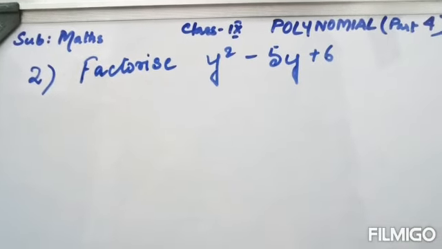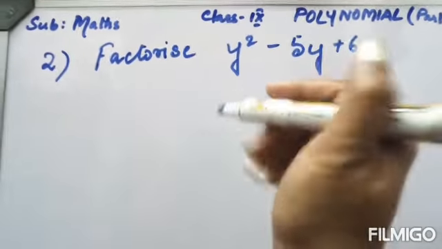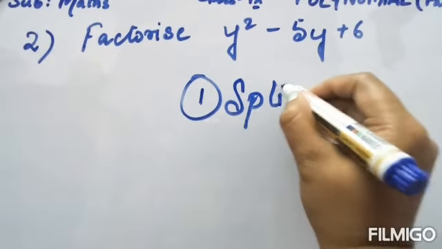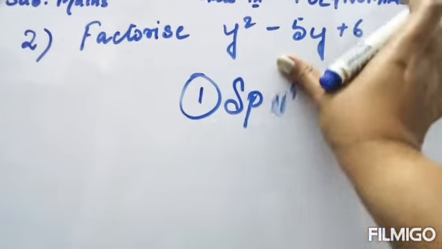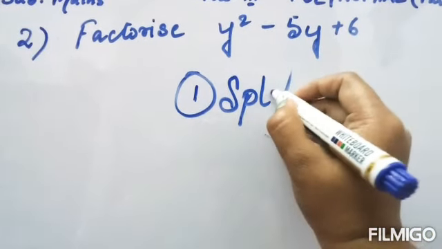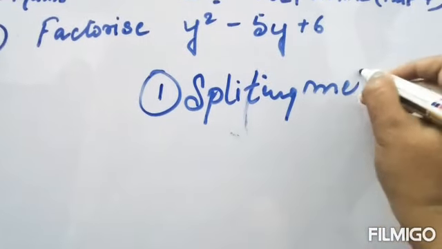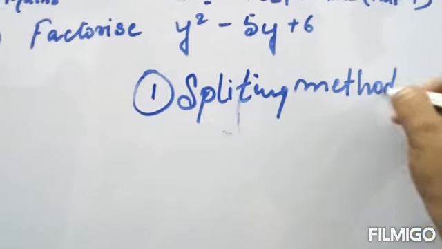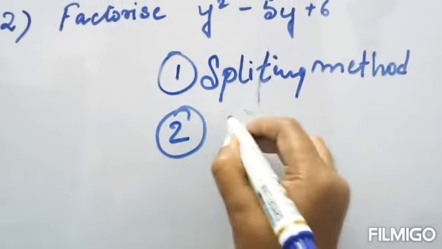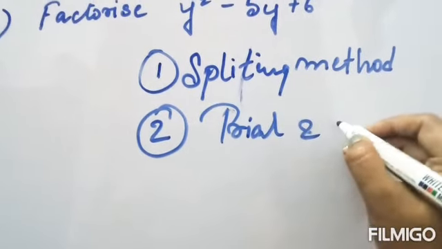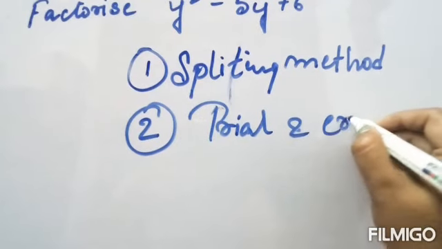One is the splitting method, and next is the trial and error method.